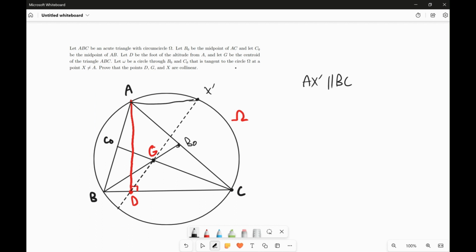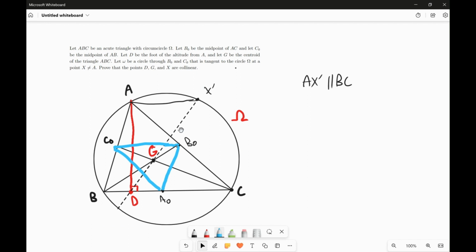Well, given a centroid, it always motivates us to construct a medial triangle. Whenever we have a centroid, always construct a medial triangle and see what happens if we take a homothety of scale -2, sending the medial triangle to ABC. And we want to show that the point D gets mapped to the point X prime ideally.